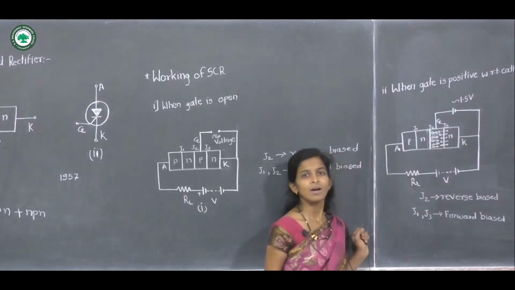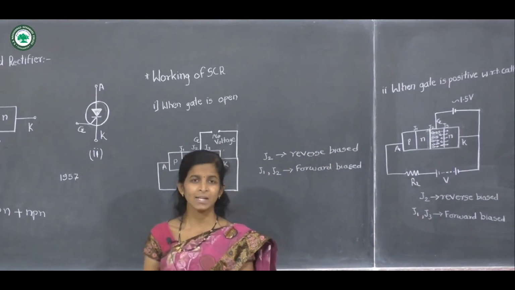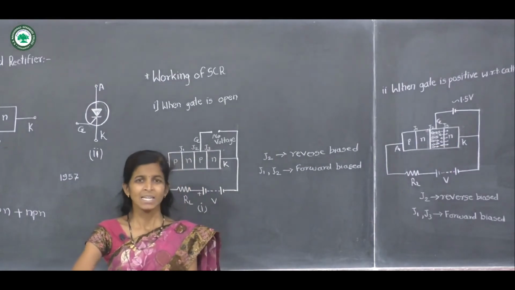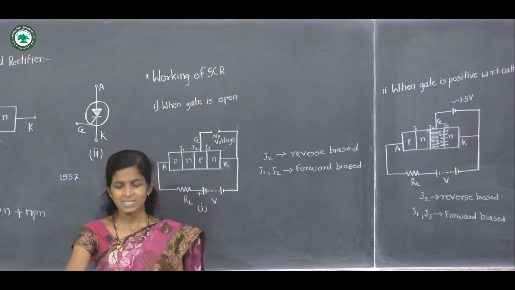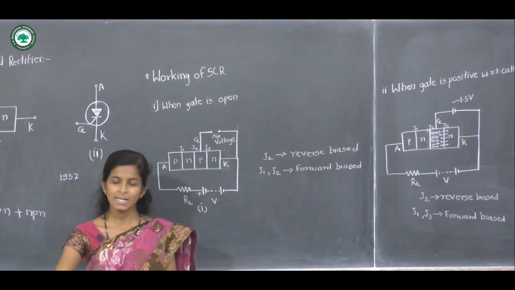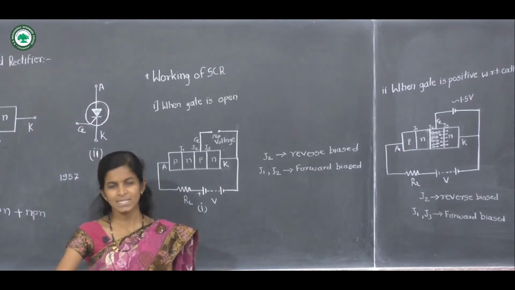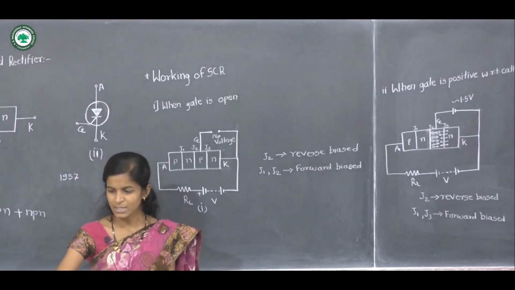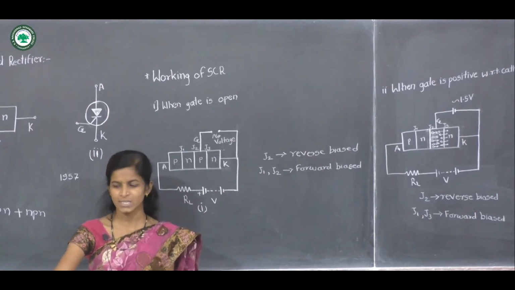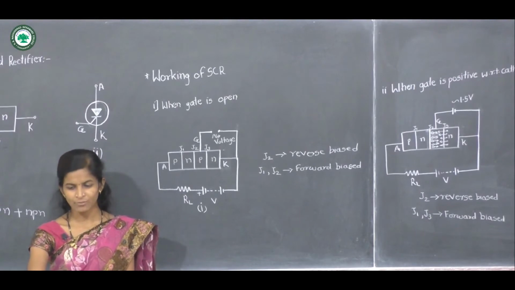So when a small voltage is applied to the gate, the SCR can start conducting heavily. Applying a small voltage to the gate is the normal way to close the silicon controlled rectifier, because the breakdown voltage is usually much greater than the supply voltage.